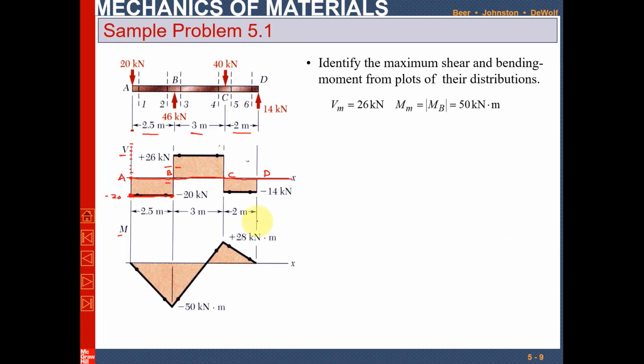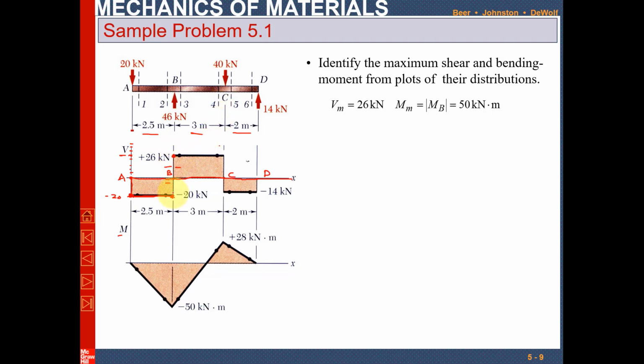So again, you have to move it to plus 26. This is minus 20 kilonewton, and again on the basis of the scale you mark out plus 26. So on that point you will go to plus 26.